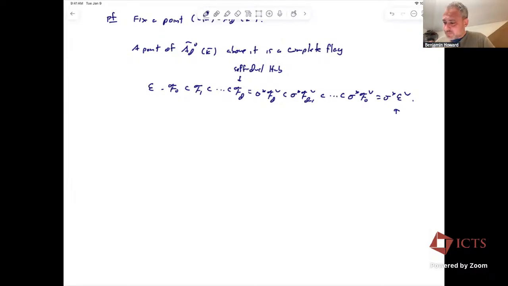And each inclusion is something really small. So meaning each quotient is just a skyscraper sheaf supported at one point. So let x1 be the support of f1 mod f0. Let x2 be the support of f2 mod f1 all the way down to xd.